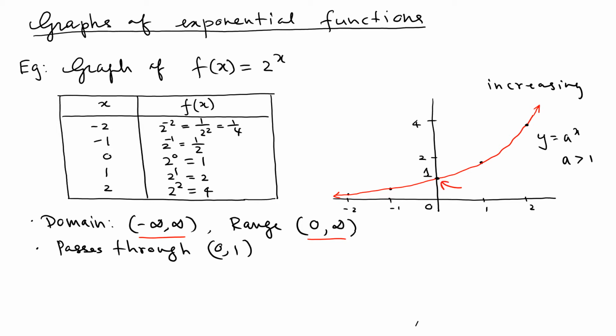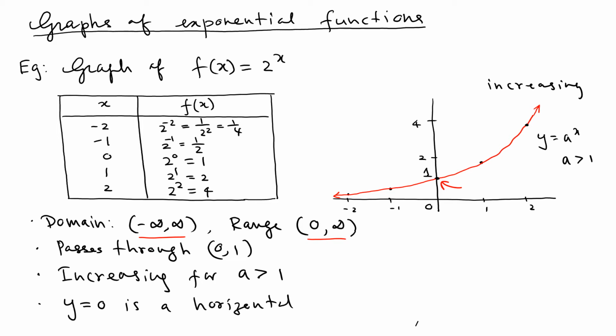So that's one interesting property. And then it is increasing for a greater than 1. You can also see that y equals 0 is a horizontal asymptote.